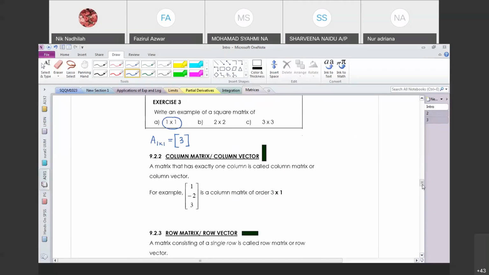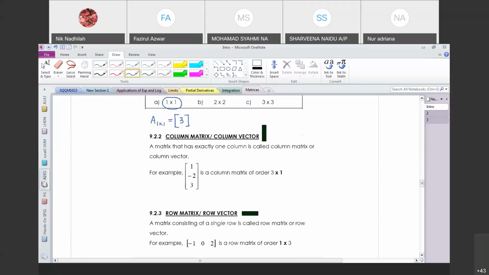And then we have the column matrix. For a column matrix, the matrix has one column. Or for a row matrix, whenever a matrix has one row. As you can see, the shape of the matrix is either a column or a row.